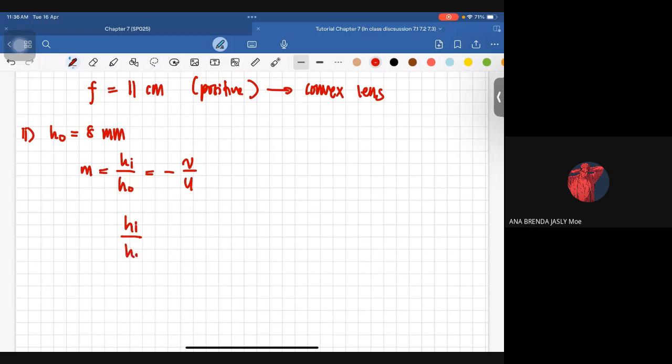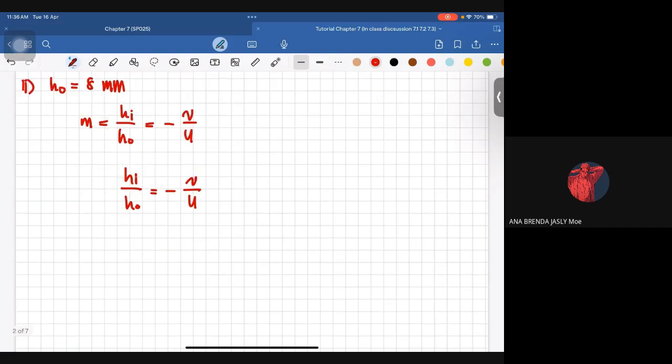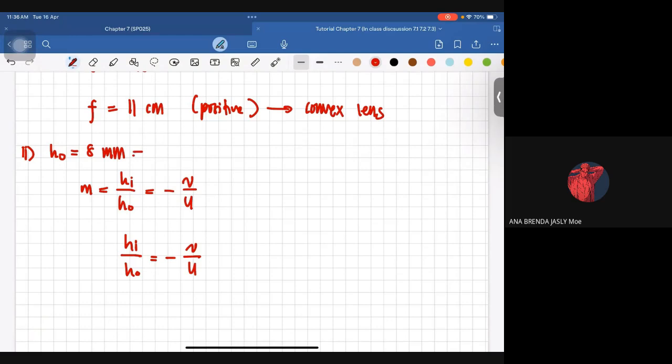So sekarang ni, since saya punya image and object distance are in centimeters, I have to convert into one unit yang sama lah. So we can't use millimeter. Lepas tu yang di sebelah ni kita guna centimeter. Tak boleh lah. So either kamu convert pergi meter or kamu convert all of this pergi centimeter ataupun pergi millimeter. Okay, tapi saya akan guna centimeter. So I'm going to convert this millimeter pergi centimeter. So it's going to be 0.8 centimeter.